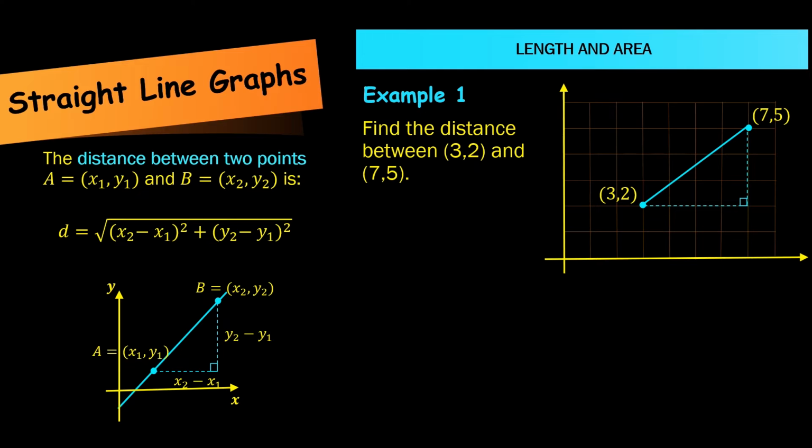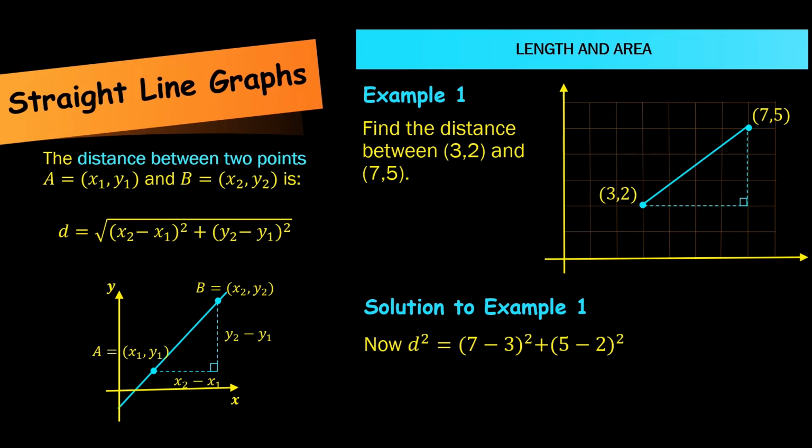So example 1 requires us to find the distance between the points (3, 2) and (7, 5) as shown on our graph. So length squared, or d squared, is as shown: the difference in the x coordinates, all squared, plus the difference in the y coordinates, all squared, to give 4 squared plus 3 squared.